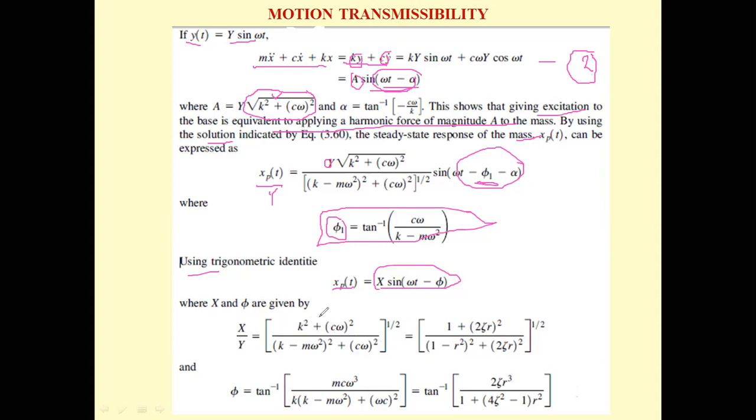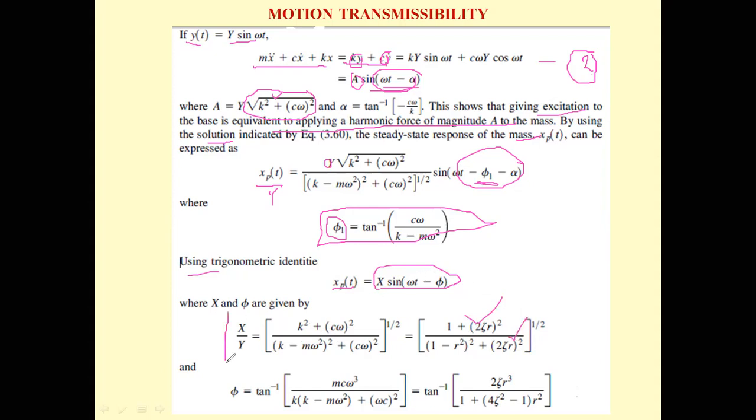Now divide numerator and denominator by k square, so we get 1 plus (c omega by k, which is nothing but 2 zeta r, where r is omega upon omega n) square upon (1 minus r square) whole square plus (2 zeta r) square. This is a common formula. We have already seen this formula in unit number 2, that is base excitation.